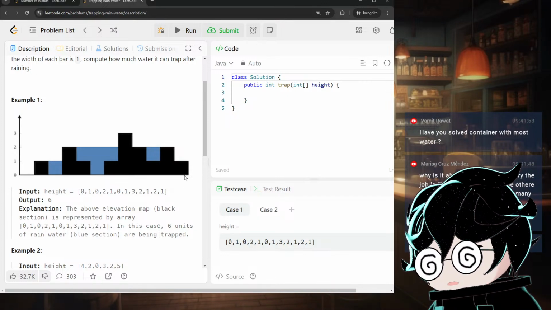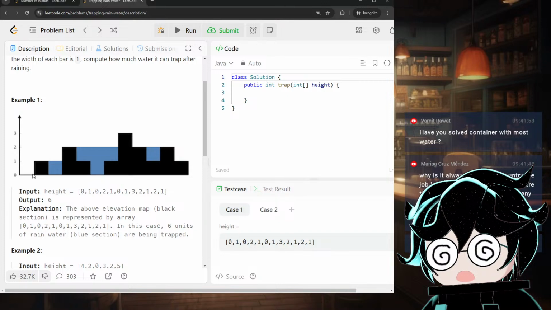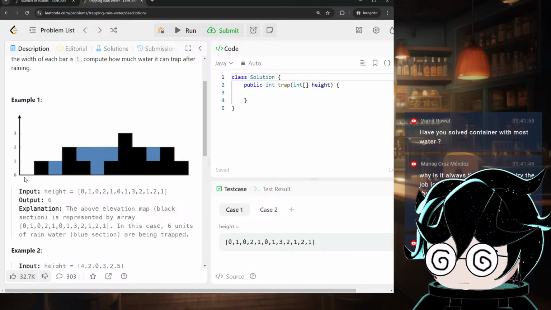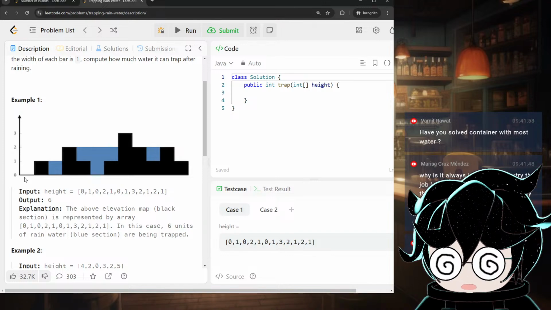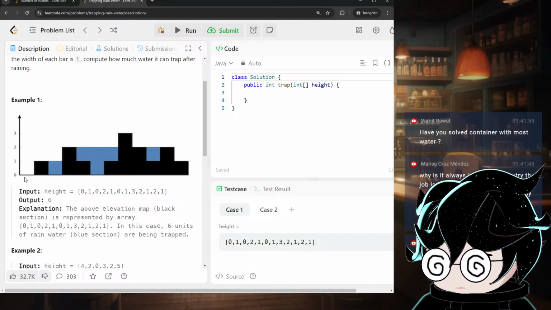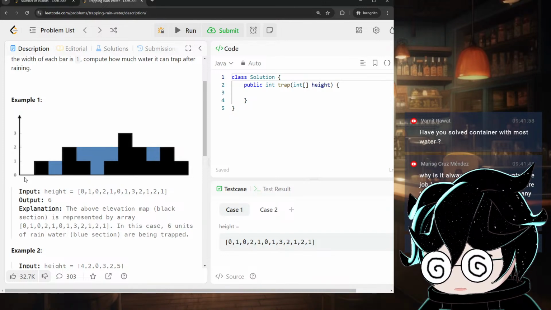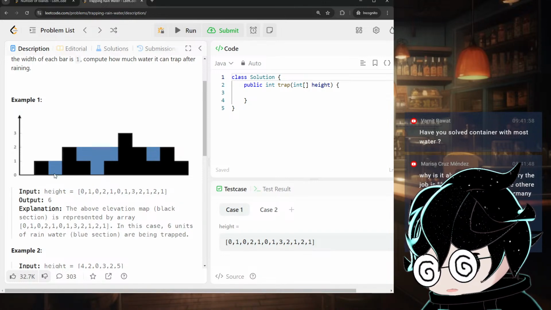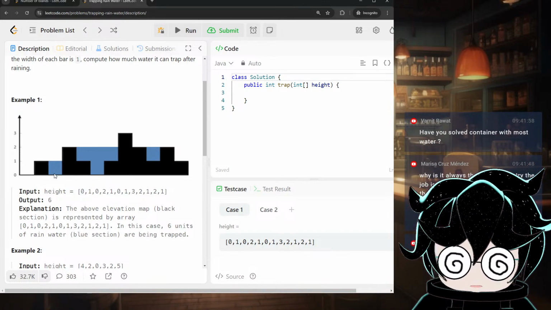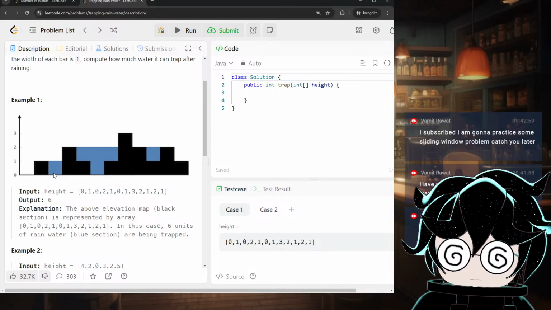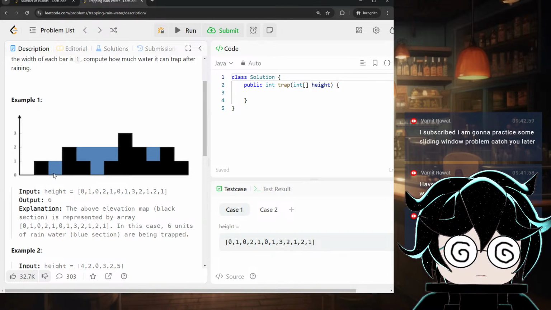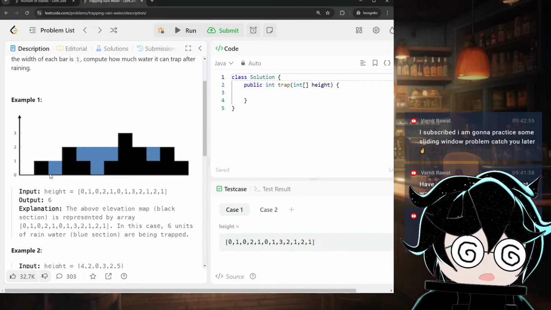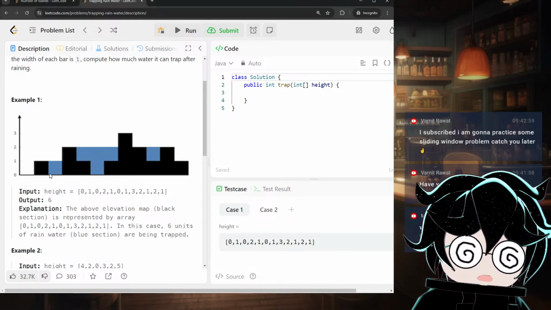So I have 1 pointer here, 1 pointer here. It's like, okay, the maximum is... Wait, is that gonna help us? I don't know if that's gonna help us. Do we do it for every single? Martin says, I subscribed. Gonna practice some sliding window and probably catch you later. Oh, thank you.